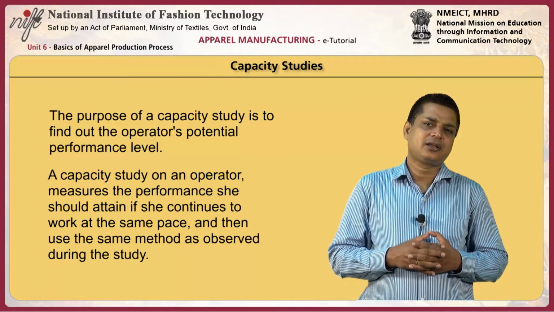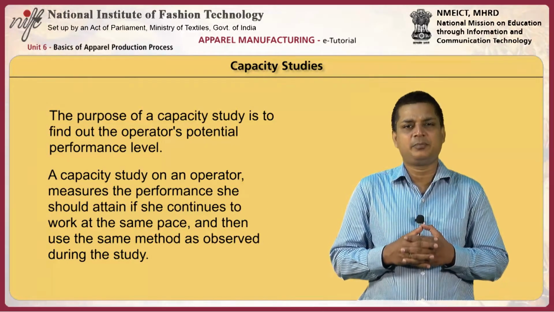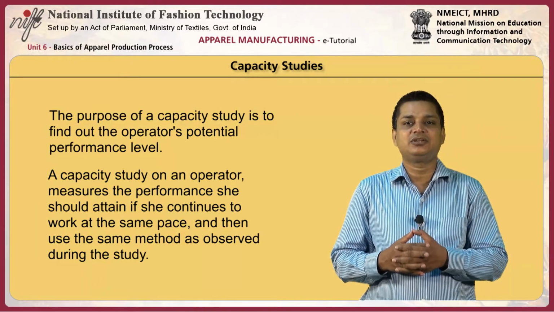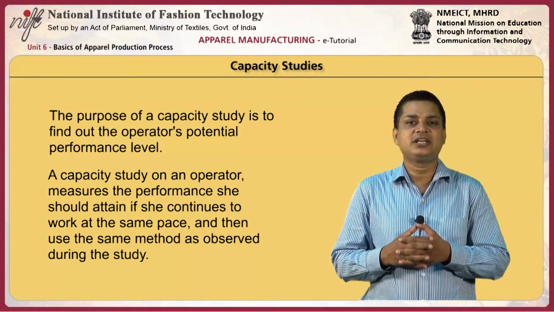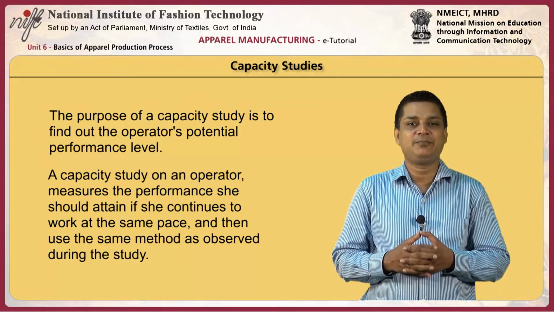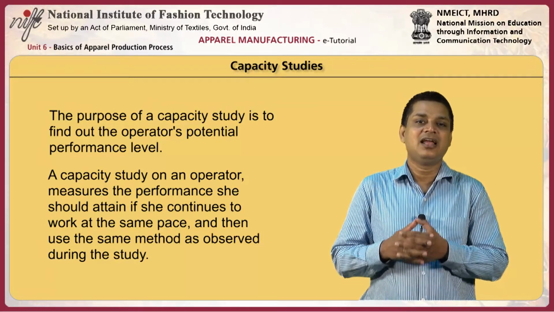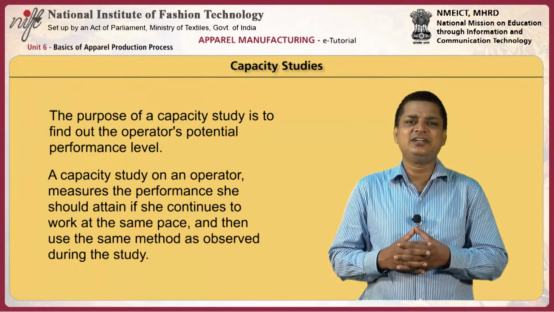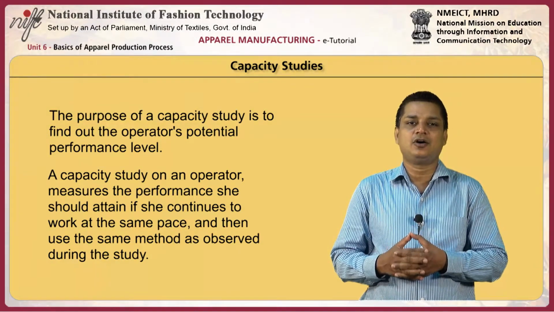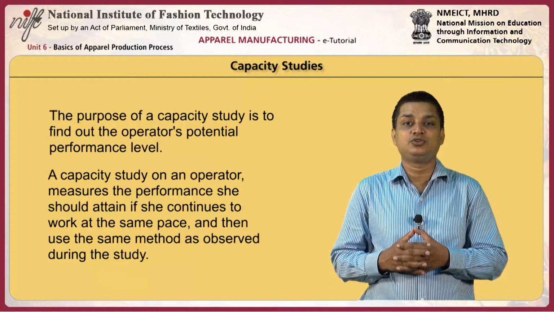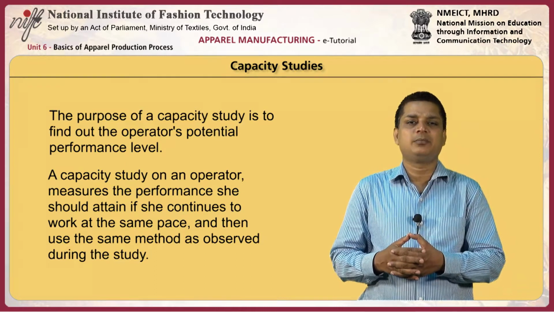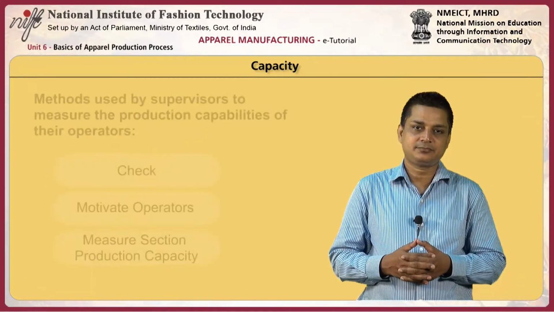When we make a capacity study on an operator, we are measuring the performance he or she should attain if he or she continues to work at the same pace and use the same method as observed during the study. This means that at the end of the study, we can say that the operator has the capacity to be a 120% performer or whatever performance level the study indicates.